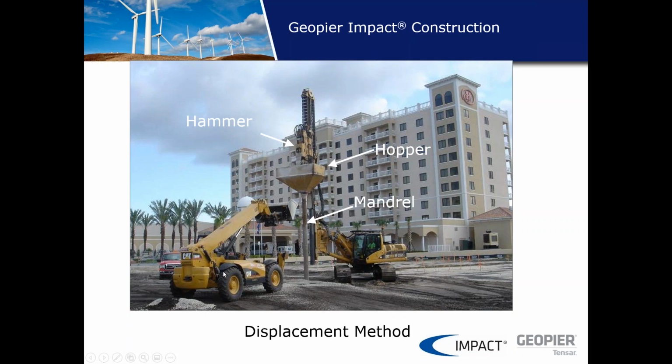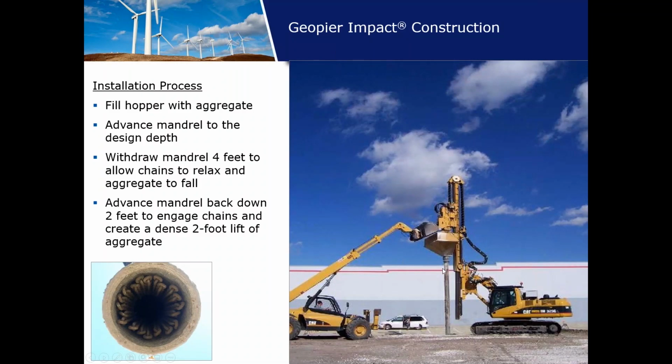So what we do is we use the telehandler that you see here to put rock into the hopper. And then we advance that mandrel down to our design depth. Now you're probably thinking to yourself, well, how do you advance the mandrel without getting soil inside the mandrel? And we have this nifty configuration.